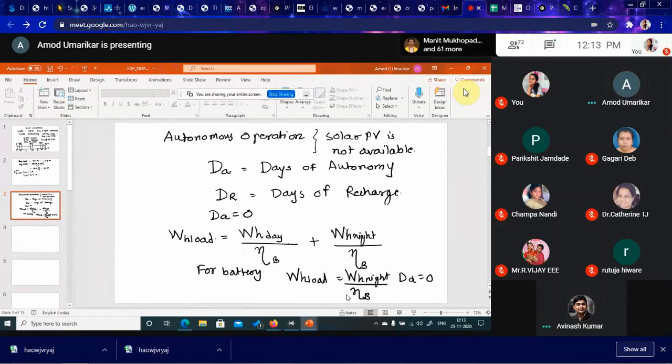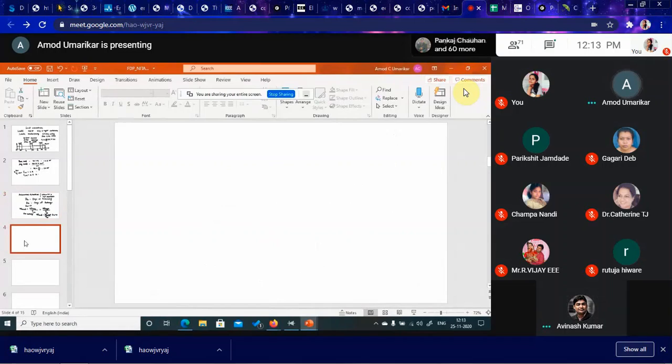Now, if the battery DA is not 0, what will be the load the battery has to supply?